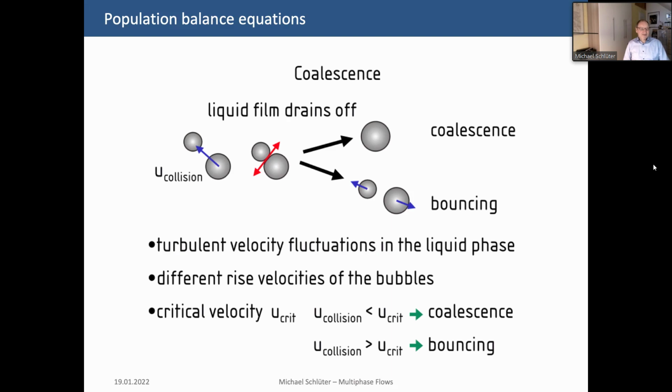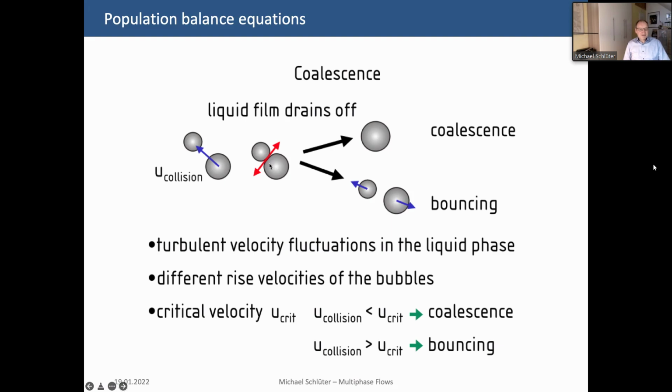The reason is that if you have a collision, then you have a liquid film in between these 2 bubbles. First, this liquid film has to drain off until coalescence takes place. If the contact between the bubbles is long enough that the film can drain, then you get coalescence. If the contact time is too short for the film to drain, then we have bouncing.